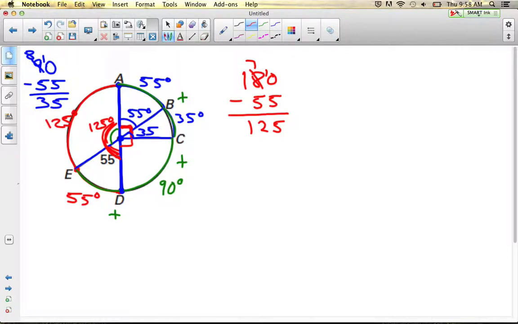Now that you have every single interior angle and every single arc, it's easy to answer any type of question you can be given. For example, what if a quiz or a test were to ask you to find the measure of arc E going through point A and ending at C?